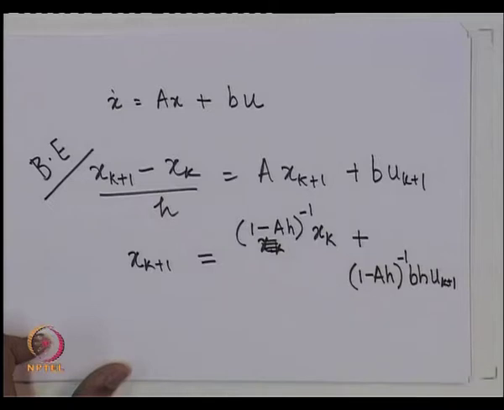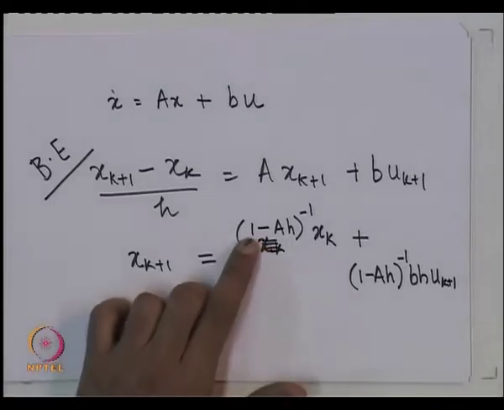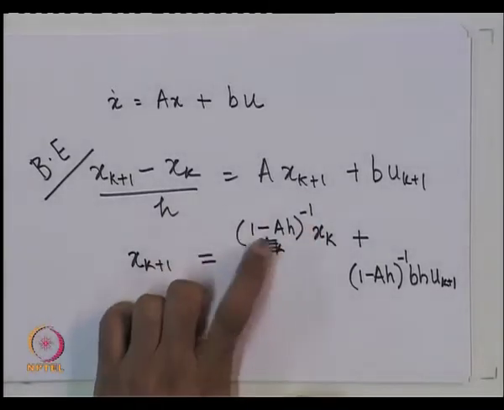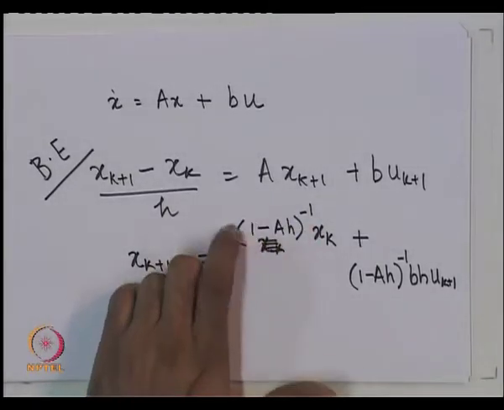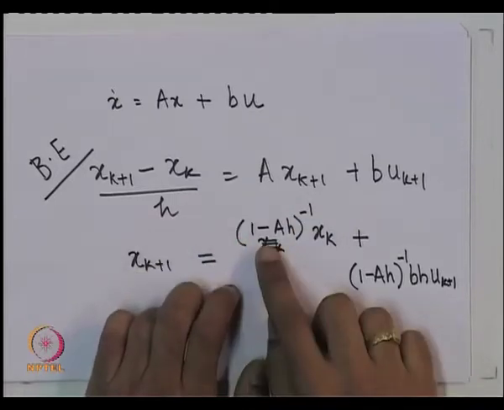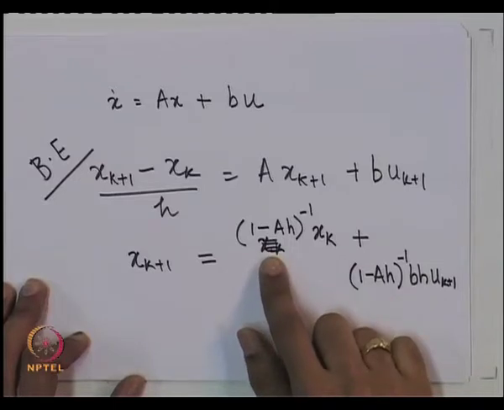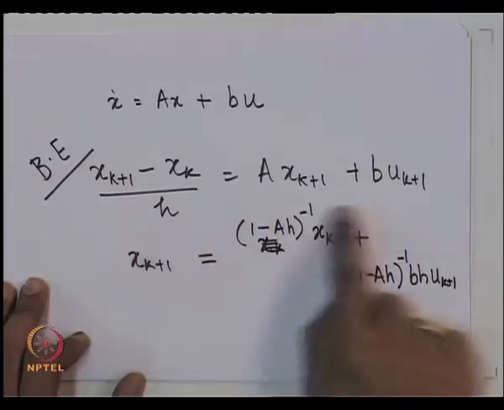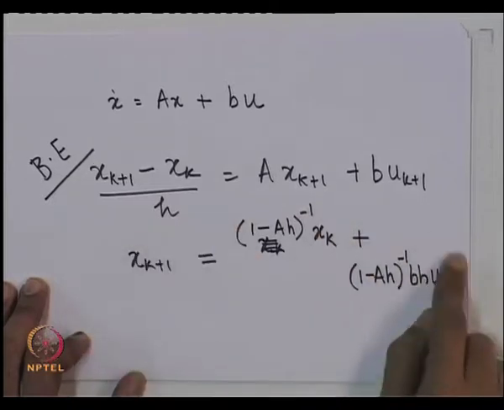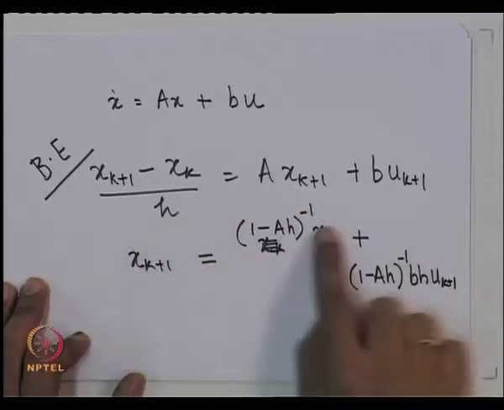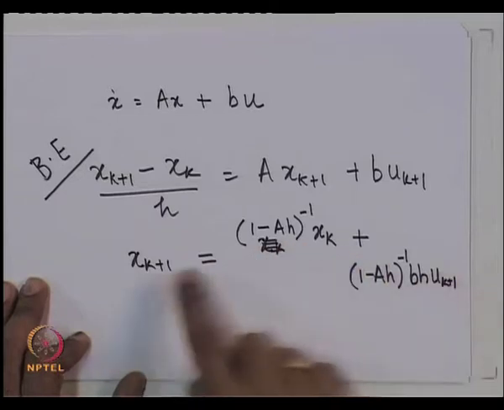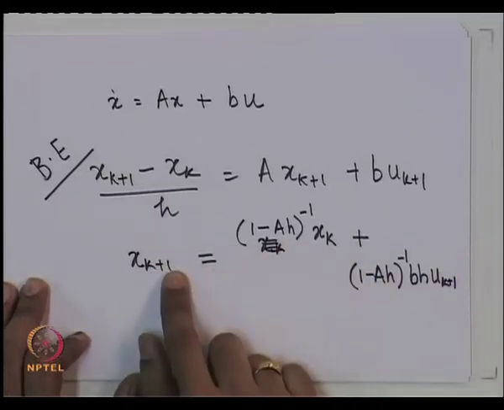For example, it is very common in a power system to have a size of the order of maybe 1000, you may be having thousands of states. Okay. So, in that case, trying to compute this may be fraught with a lot of hurdles, because inversion is a computationally intensive operation, and at every time step you have to do this function, that is getting x k plus 1 from x k.